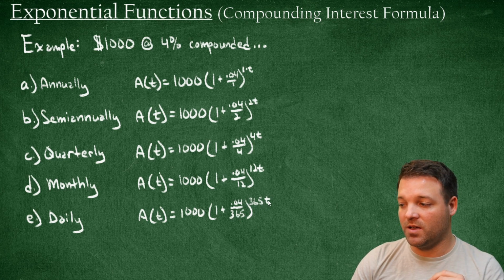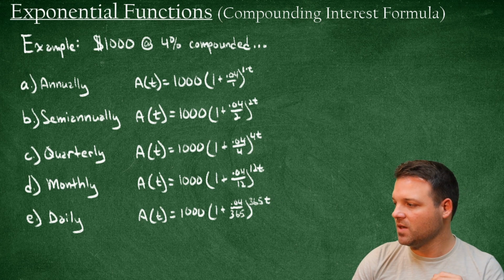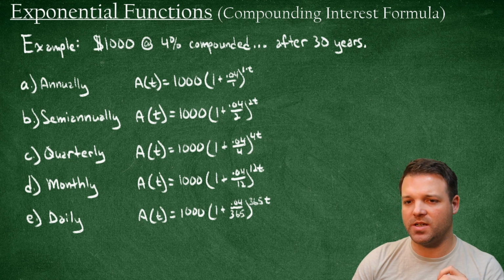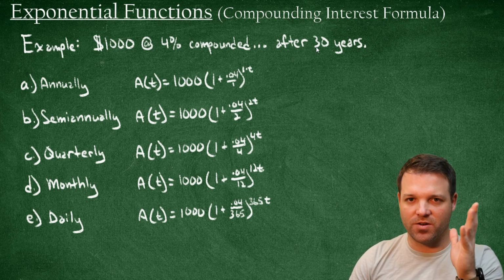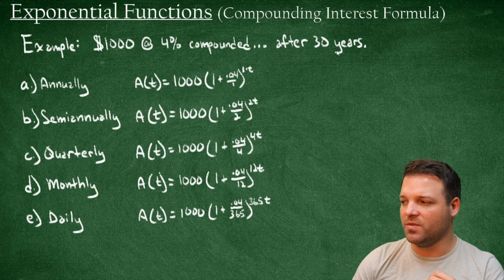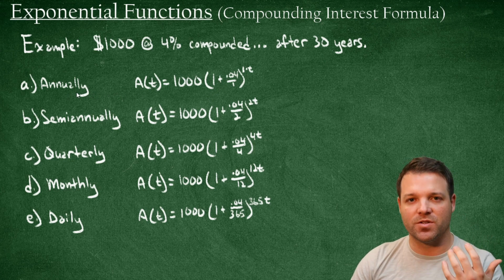And then the amount of times we're going to multiply it is 365 times per year times t. All right, so let's go ahead and take a look. What this is actually going to calculate, we're just going to apply a random amount of years here. Let's just say we have this savings account or investment, whatever you want to call it. We're going to calculate how much we are going to have after 30 years by applying these different levels of compounding.